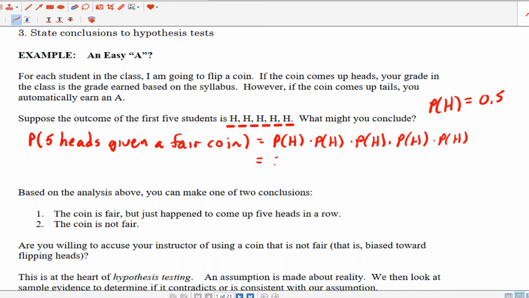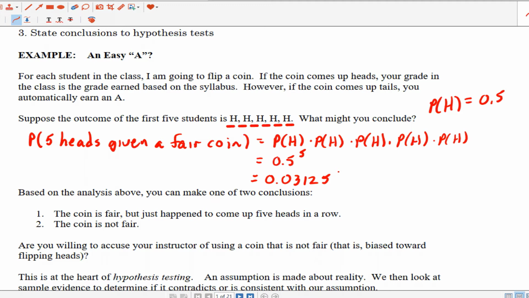And so we're multiplying 0.5 times itself 5 times, which is like raising it to the 5th power. And if we do this computation, we get 0.03125.